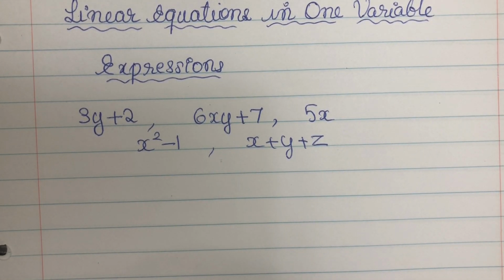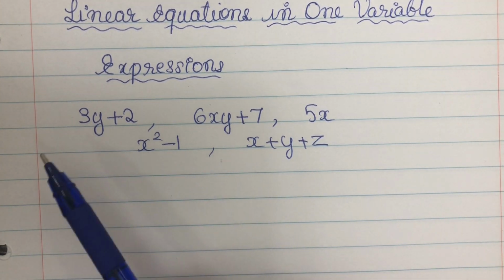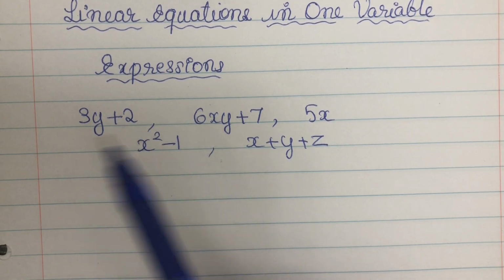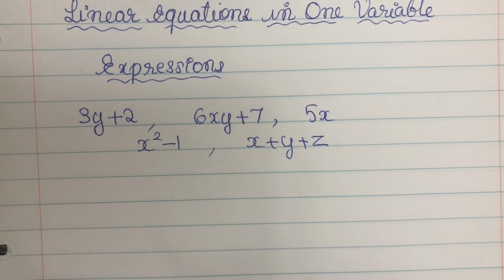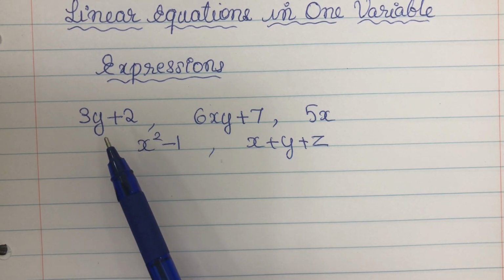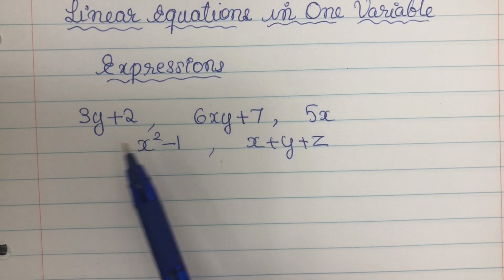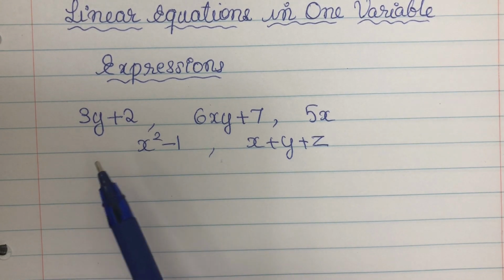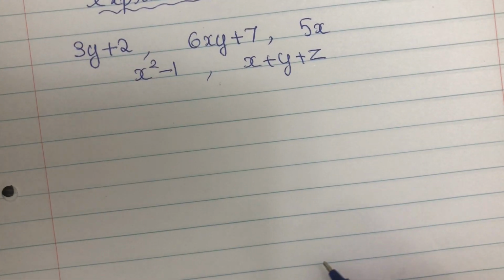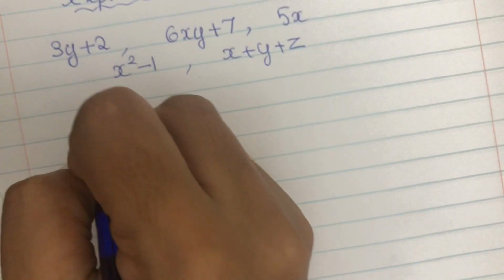Expressions means what? Having one or more terms without an equal sign. We don't have an equal sign yet. So these are expressions. We have one or more terms, maybe they have variables, one variable or two variables. So these all are expressions. And now we have one more term, that is equations.